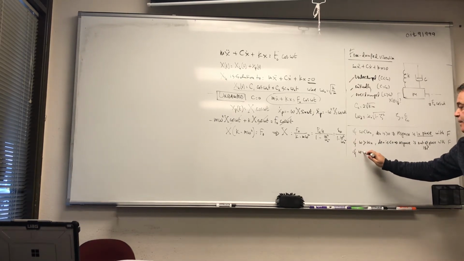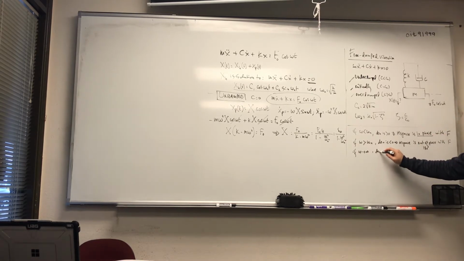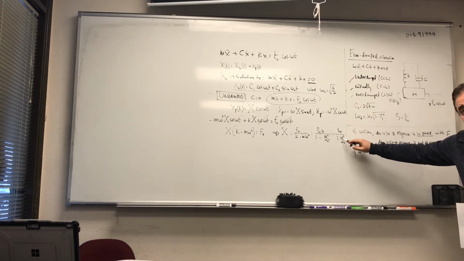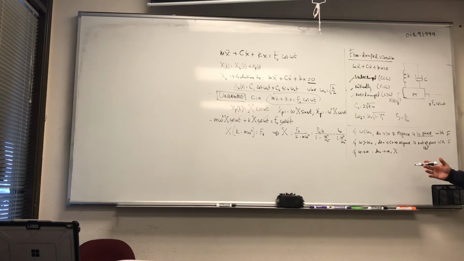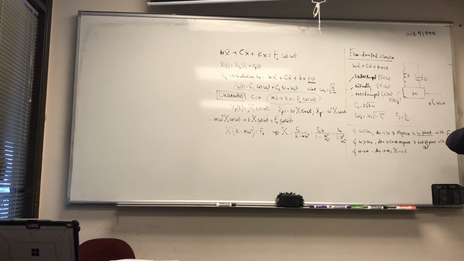If omega approaches infinity, the denominator goes to infinity. That means that x will approach what? Something divided by infinity is zero. That means that when the frequency is really high, you're not going to get the darn mass to move at all, or very little. That's how you read these type of results.